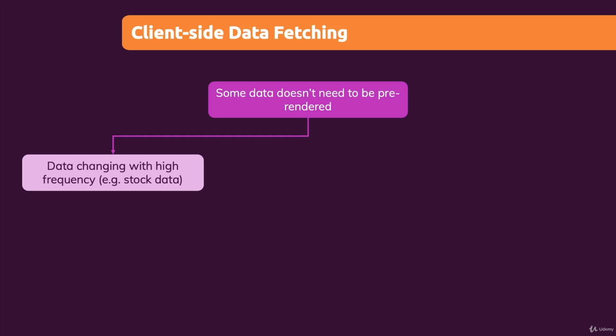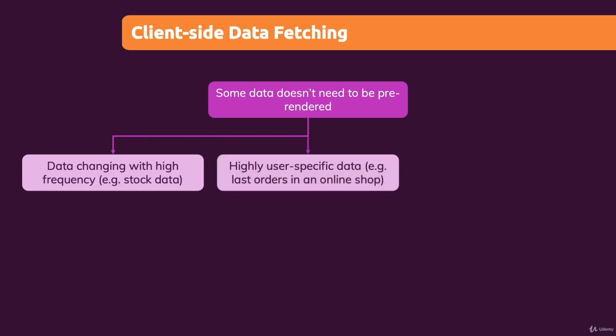Another example would be highly user-specific data. For example, the last orders in an online shop. If you are in your account, in your user profile, and you view that data, that could be an example where we don't really need to pre-render the page.